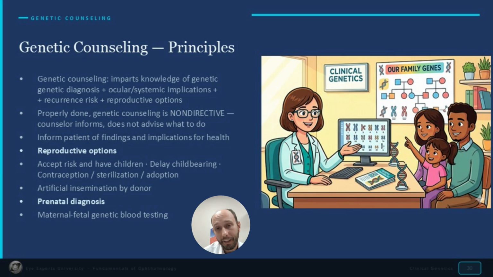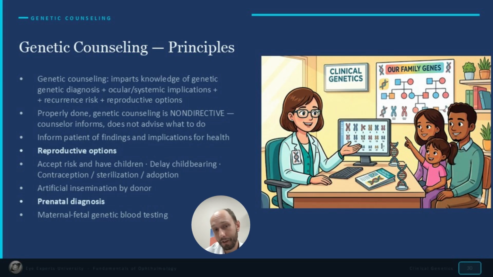Now, for genetic counseling, the goal is to impart knowledge to the patient, come up with a diagnosis if we are able to do a genotype and identify the gene mutation, discuss the repercussions, and discuss reproductive options. The whole point of genetic counseling is that it's non-directive. You should not be telling people what to do. You're just trying to explain information.